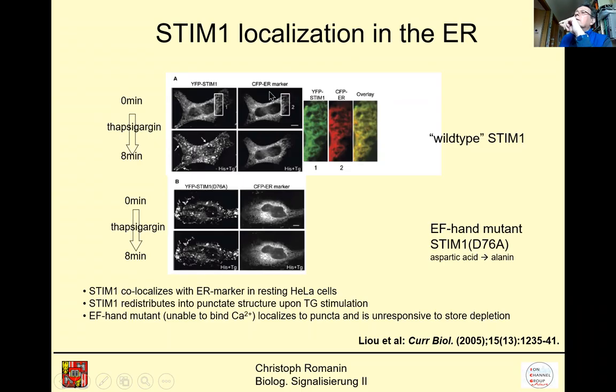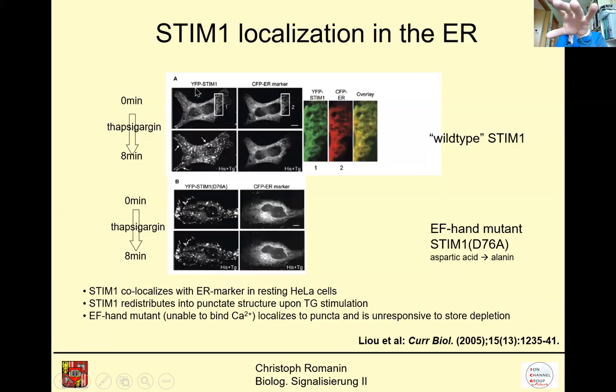So against each organelle you have markers that you can use to get an idea where STIM1 is expressed. When it is expressed in the membrane of the ER, then the CFP-ER marker and the YFP, the expression pattern should be quite similar because both are sitting in the ER, and you can see it here.